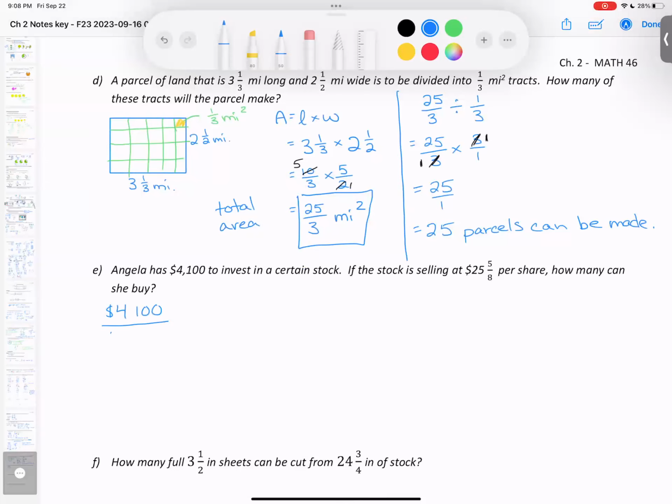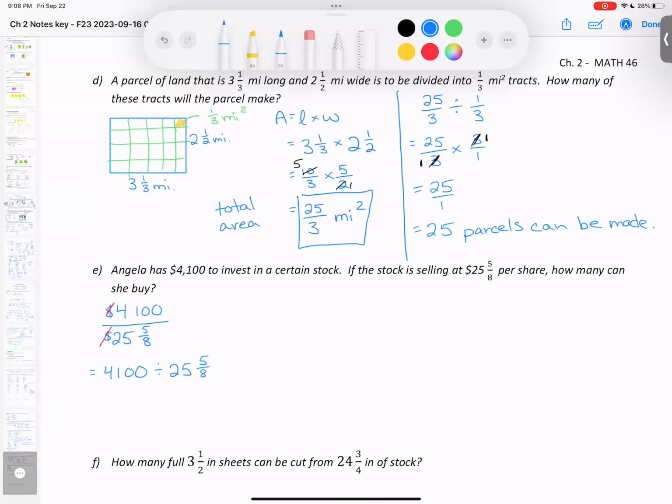And that's going to get divided by the $25.05. So notice our dollars are going to cancel, so our answer will be unitless here. Let's rewrite that with a division sign. And then pause this video and see if you can do this one on your own.